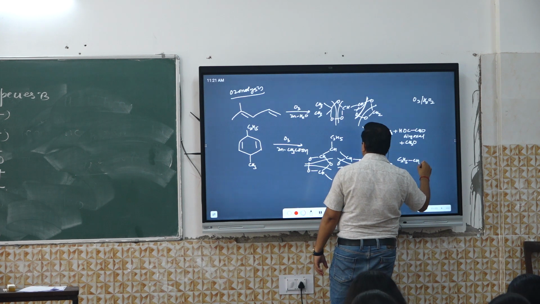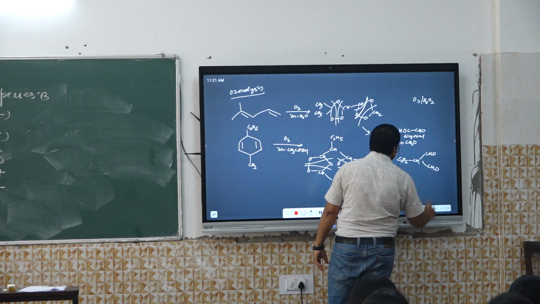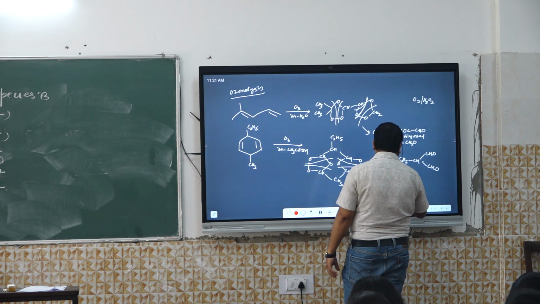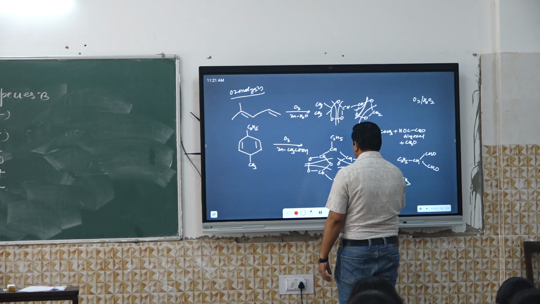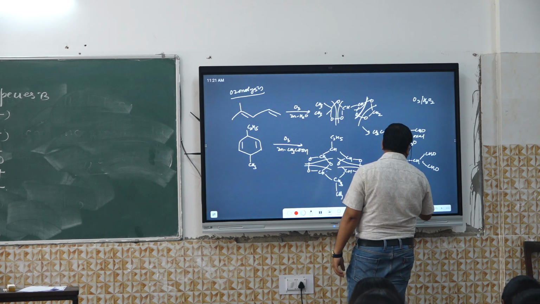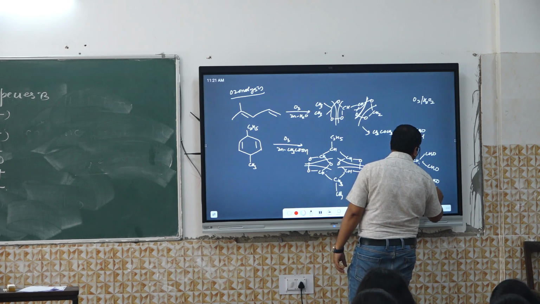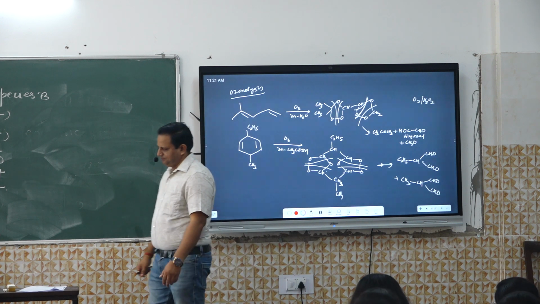C2H5CHO, CHO. Here CH3, then CHO, CHO. So you can write down the IUPAC name.